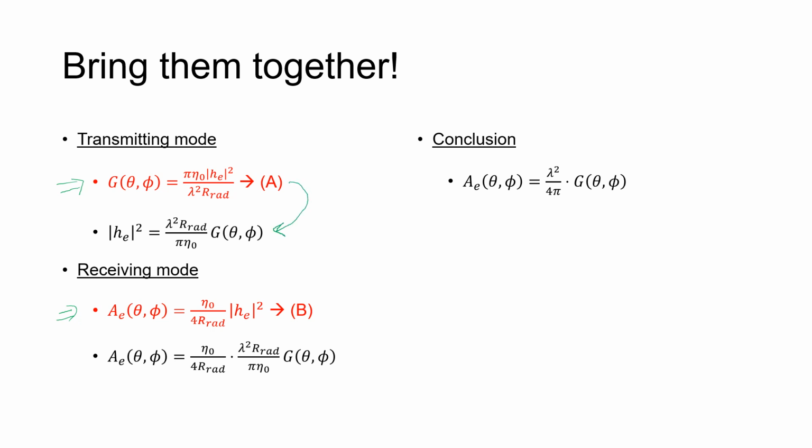Then we will use it to substitute in equation B, and we will then make cancellation of common terms. Once we do so, you will find the magic happen, and you can get the relation between the effective aperture area and the gain as A effective equal to lambda squared over 4 pi multiplied by G, which is the gain. Thank you.